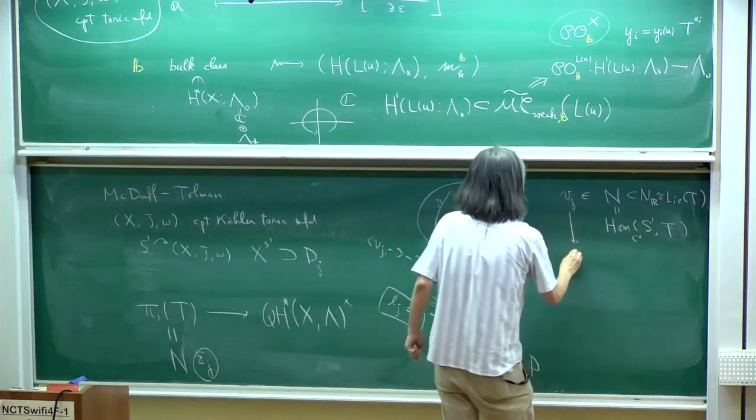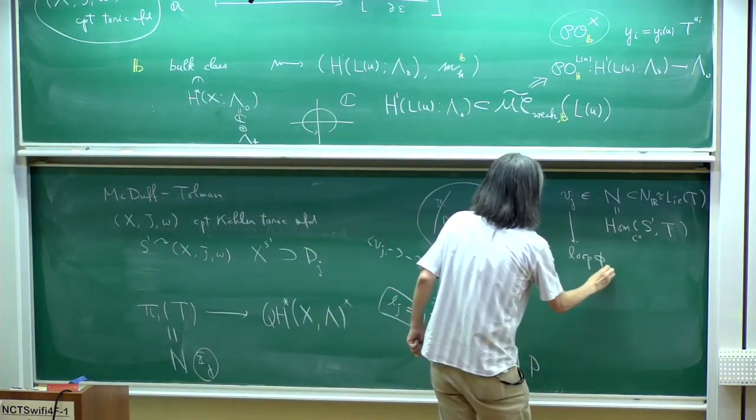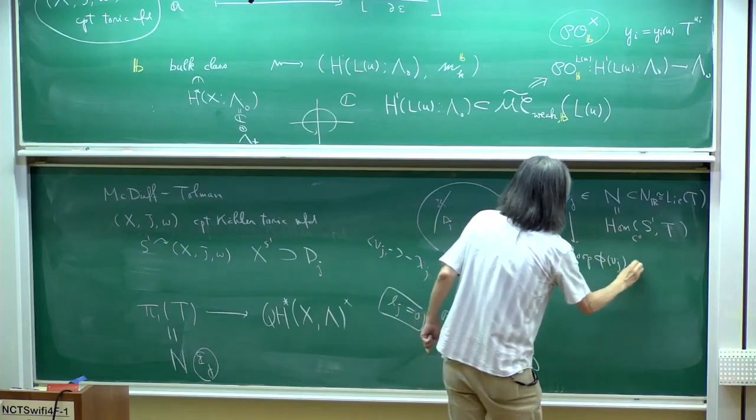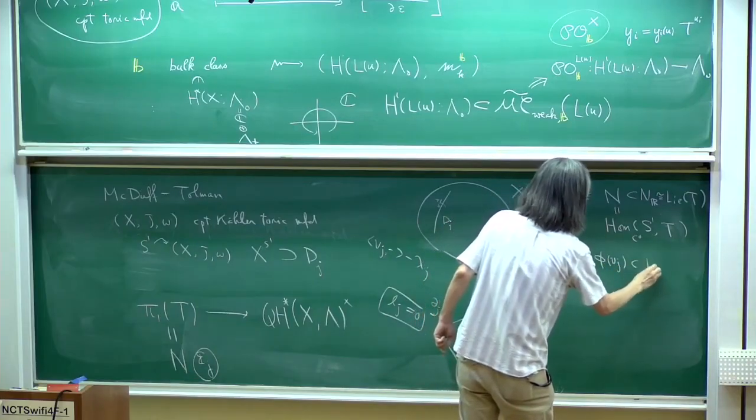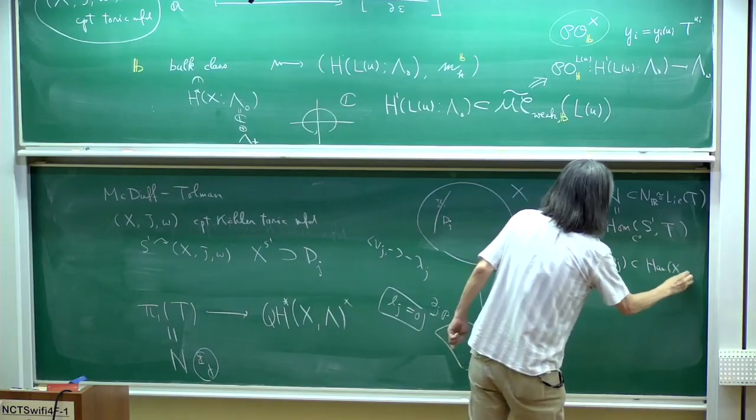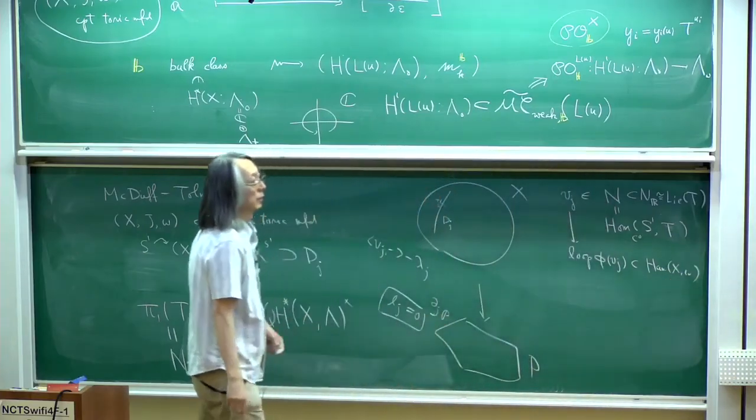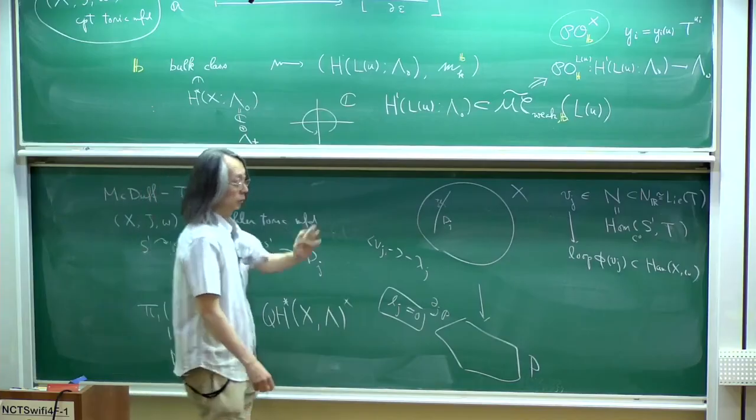So here you have a loop, maybe phi of Vj, in this term of x omega, right? And then do this.